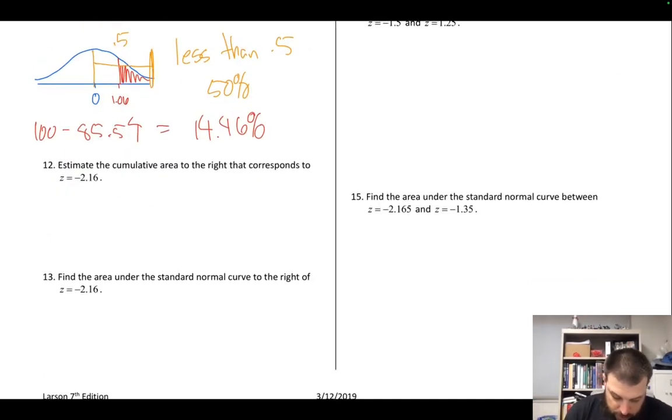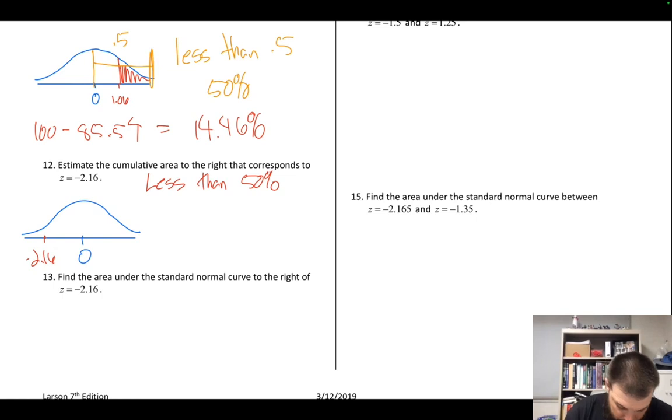All right, so let's look at 2. Again, draw your sketch. All right, there's 0. We're looking for negative 2.16. So definitely less than 50. All right, and we want, oh, sorry, area to the right.